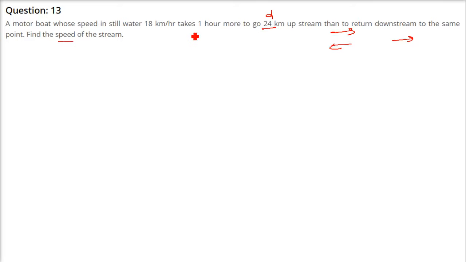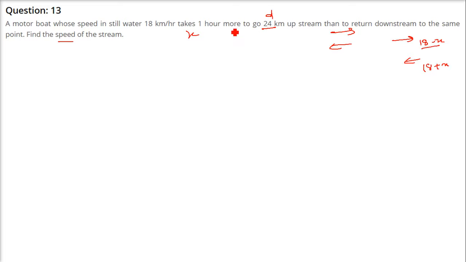If we assume the speed of the stream as x, then upstream the speed will be 18 minus x, because the stream is against the movement of the boat. Downstream it will be 18 plus x, because the stream helps the downward direction.